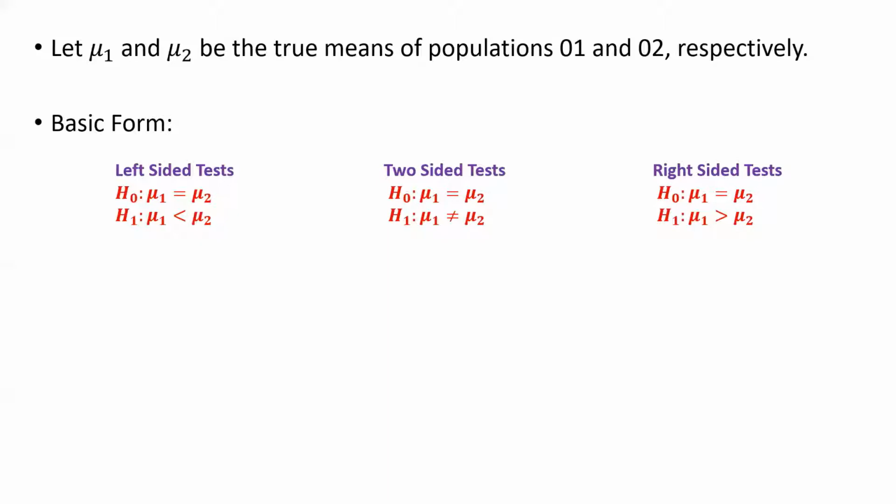Before writing down the null and the alternative hypothesis, it's required to define mu1 and mu2 in the context of the problem given. You must use the given population names and label which population means should be mu1 and mu2 respectively. Note that the direction of the test as left-sided or right-sided is completely based on the way you define mu1 and mu2.